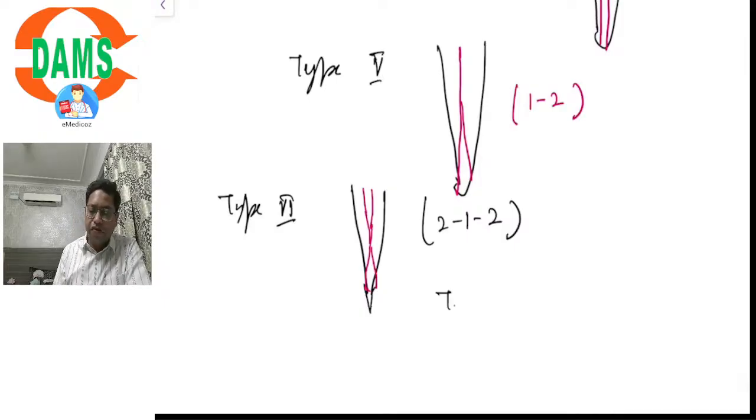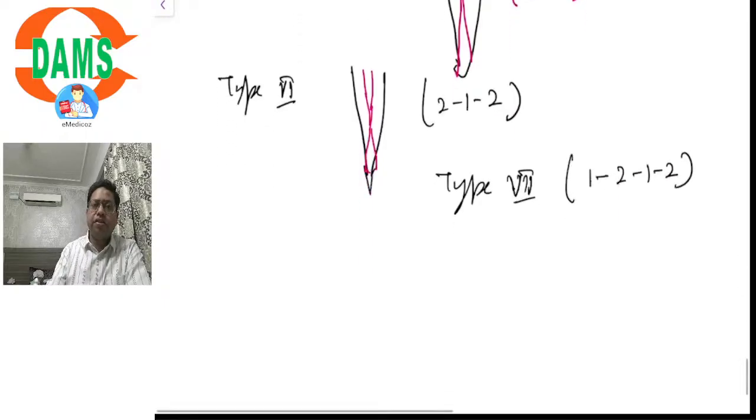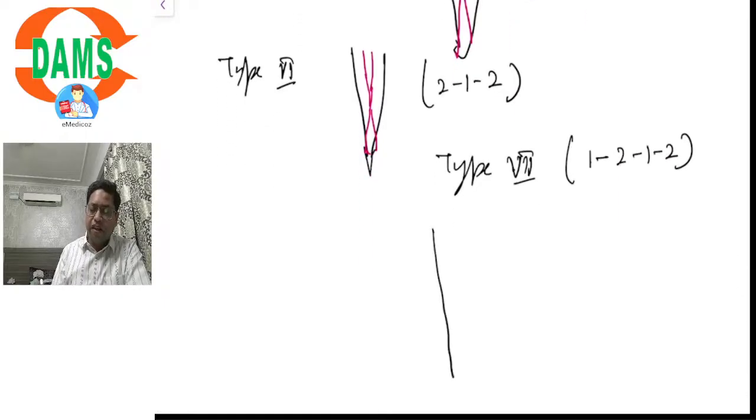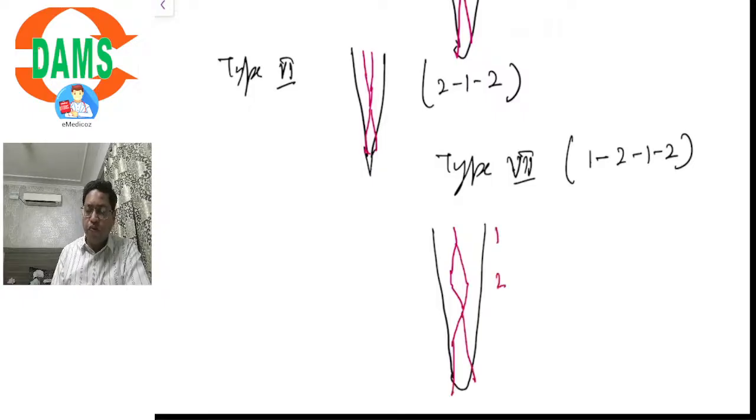Type 7 is represented as a 1-2-1-2 canal configuration. So in the root of a tooth, coronally there is a single orifice, a canal originates but divides into two, they join together, then again divide and exit as two.